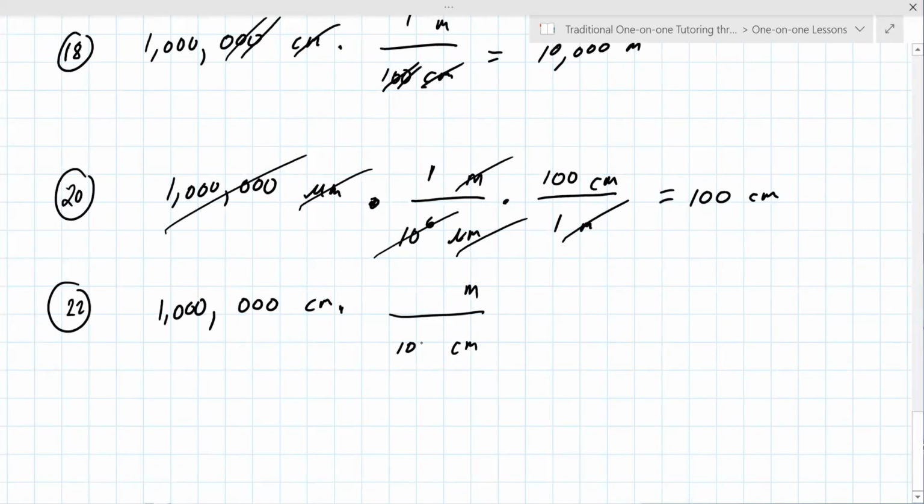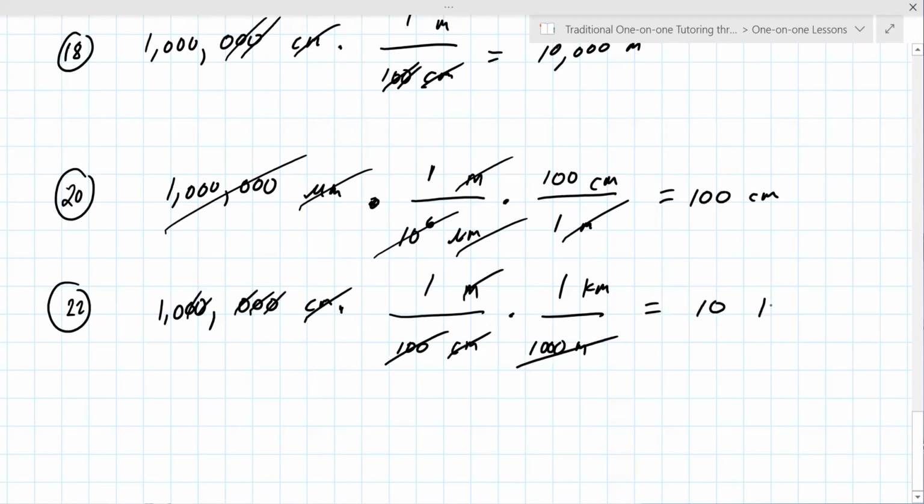So there are 100 centimeters in 1 meter. Then I know how many meters are in a kilometer. There are 1,000 meters in 1 kilometer. I try to just remember the ones that are easy to remember and not try to figure out how many centimeters in a kilometer. This 100 gets rid of 2 of the zeros. This 1,000 gets rid of 3 more of the zeros. So you're left with 10. So it's 10 kilometers.